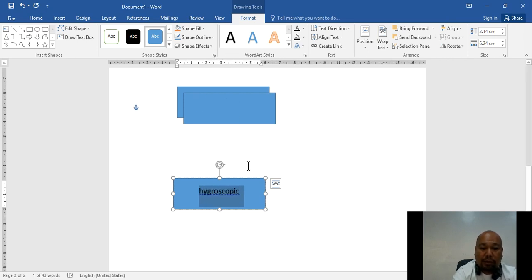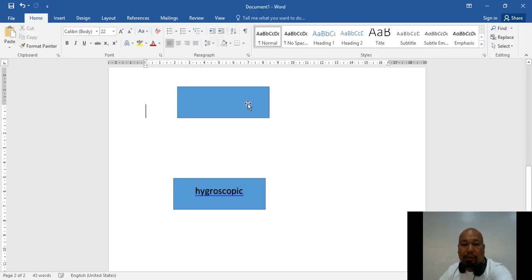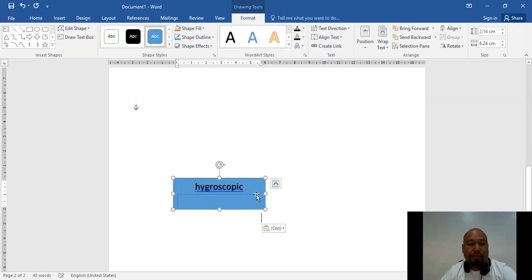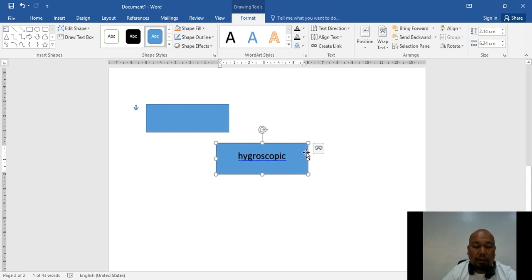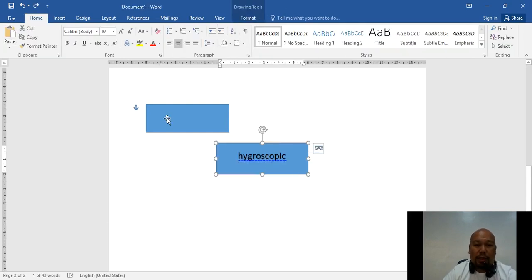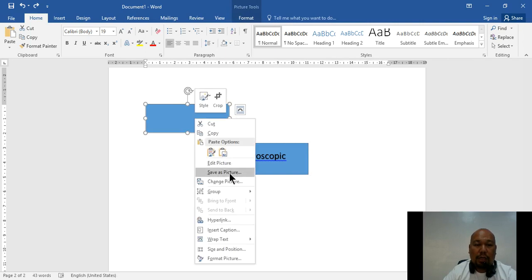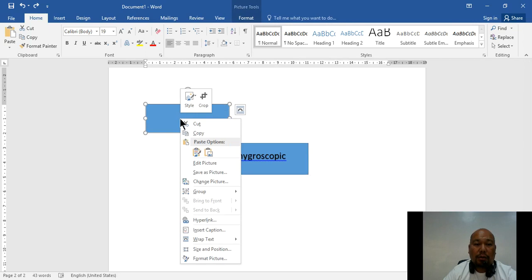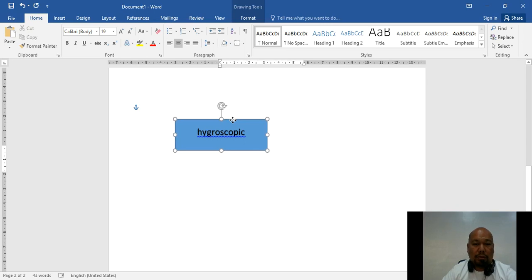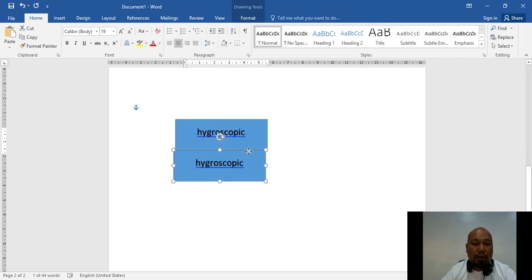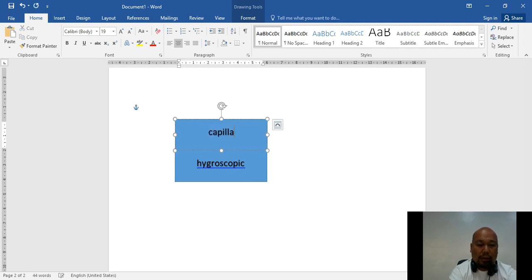Okay, and then, yeah, that's a little bit better. Hygroscopic water. And then the capillary water.